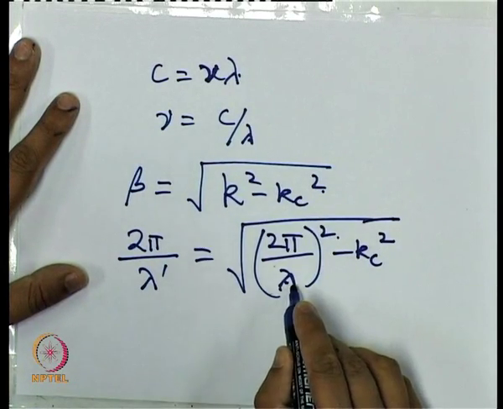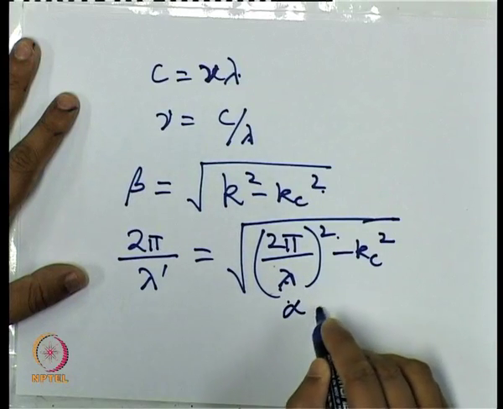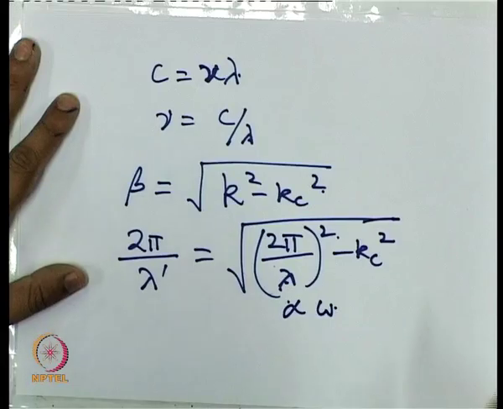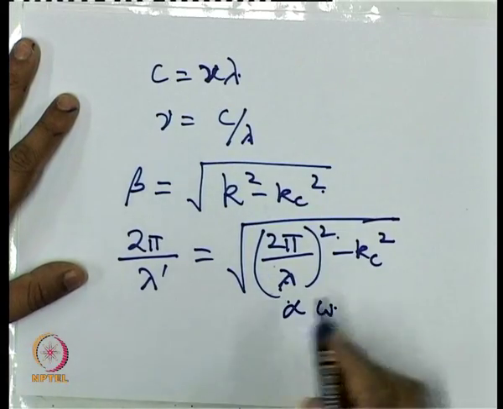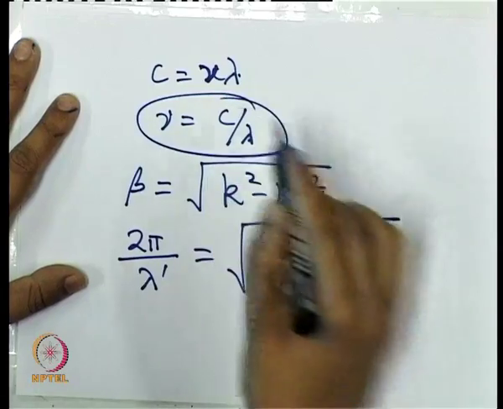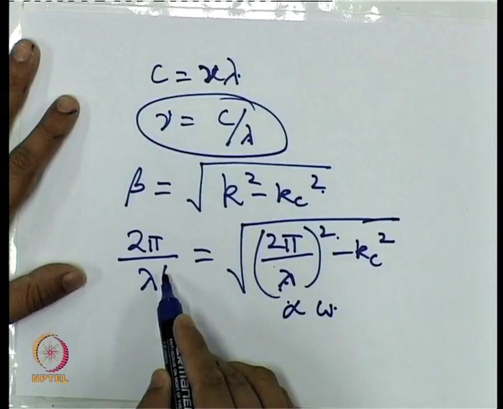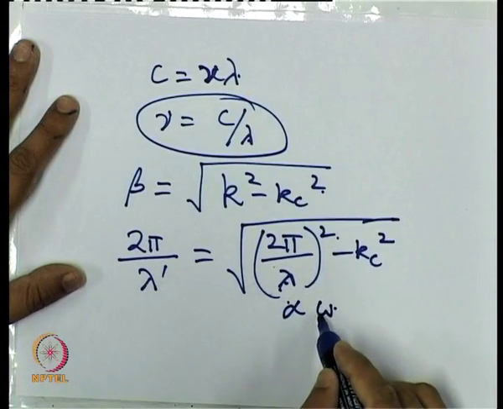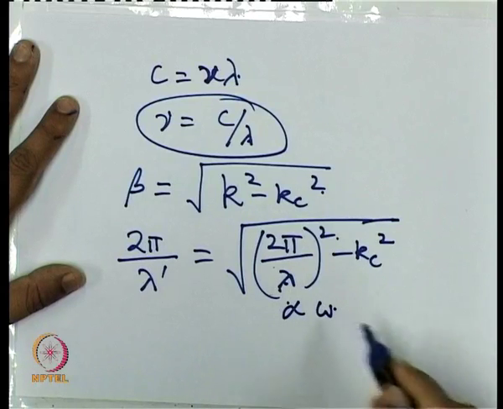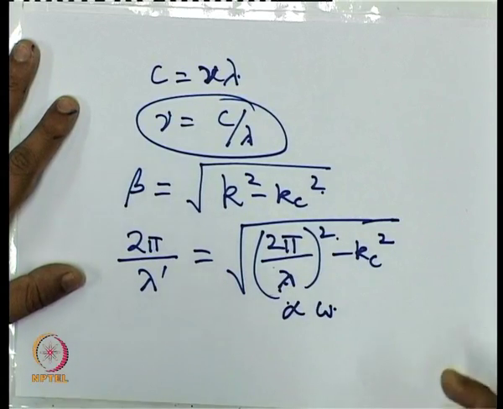Now, this of course is directly proportional to the frequency of input. So, then this simple inverse relationship that existed before does not exist anymore. This is the apparent wavelength, and this term is related to the frequency like this.